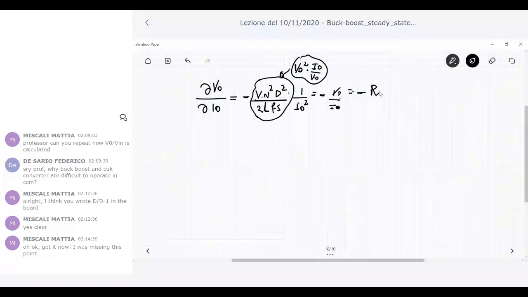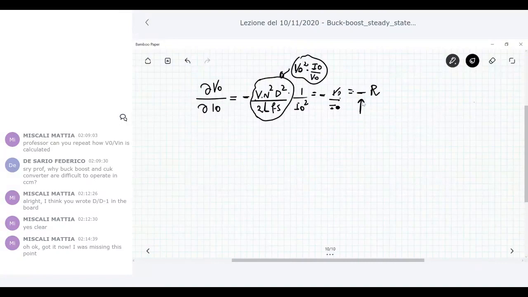So it's the same as the output resistance, the load, but there is a negative sign. What does this mean? That you really have a negative output resistance? This always happens when you compute the output resistance in DCM, also for buck, for boost, etc. I gave you the result for the small signal output resistance in the previous case, if I remember.